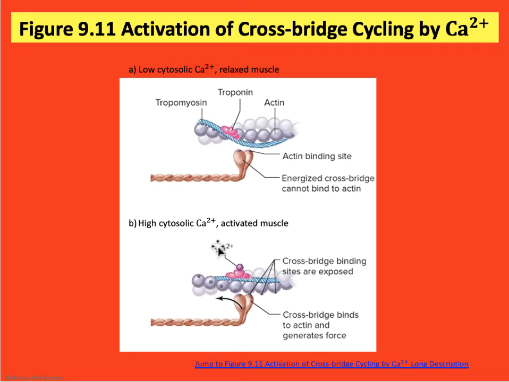In the presence of calcium, which is released due to nerve activity, the calcium binds to one of the subunits of troponin, causing a knock-on effect onto the other subunits of troponin, which results in a repositioning of the tropomyosin, revealing for the first time the heads on the actin, the myosin binding heads. And that allows the formation of these cross-bridge cycles, which then activates a walking behavior known as the cross-bridge cycle, and we'll look at that later. Regardless, at that point, force is generated within the muscle fiber.